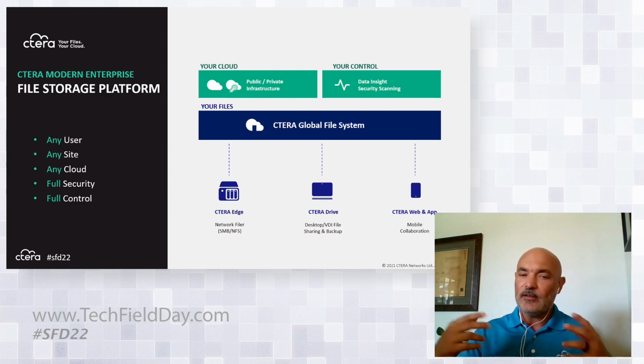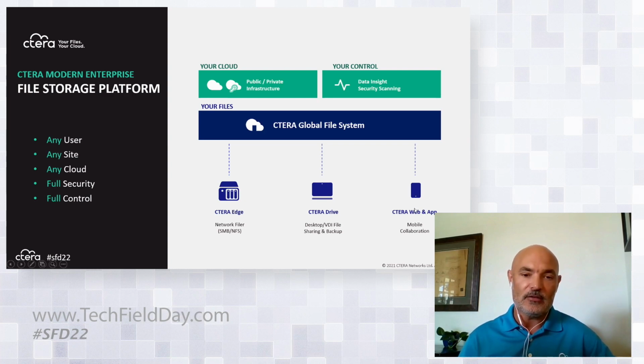So think of a similar experience to OneDrive or Box. And then we have web and app access to the data. This is if you want to log in directly to the global file system through a web interface and upload, download data, do collaboration, Office 365 integration, or an application on a mobile device.